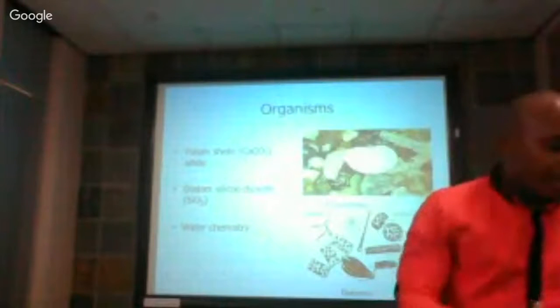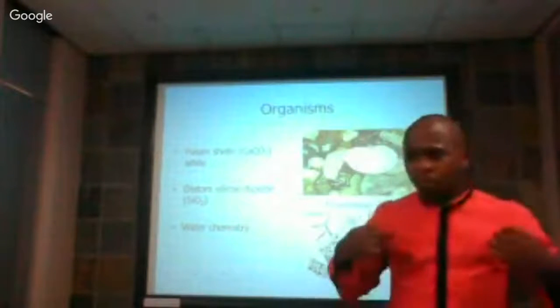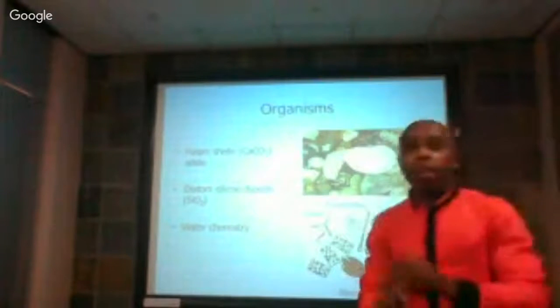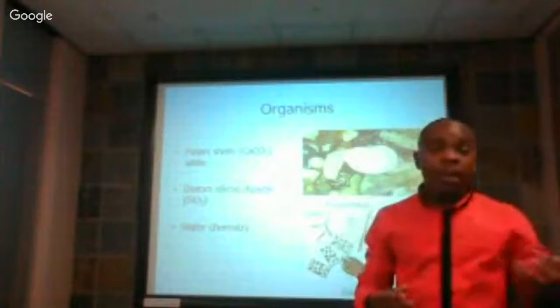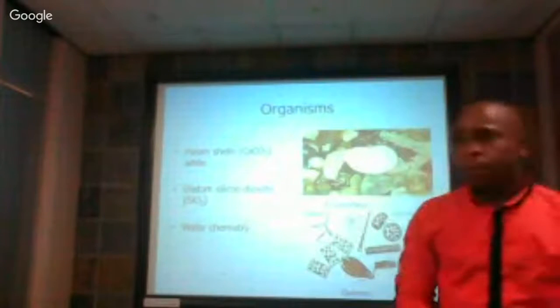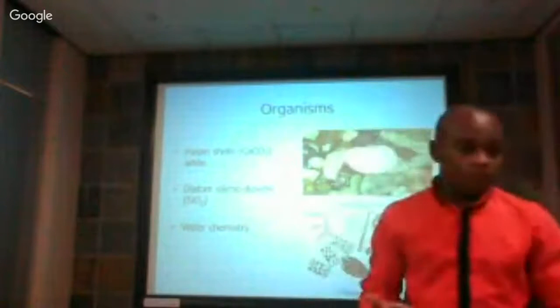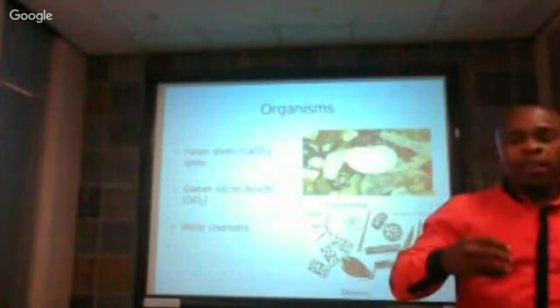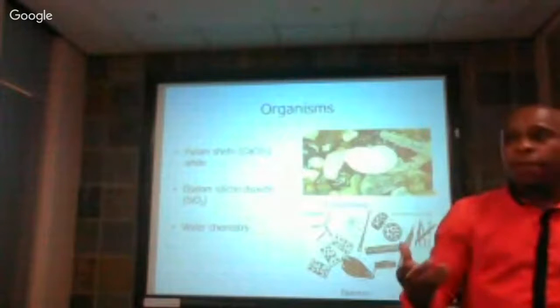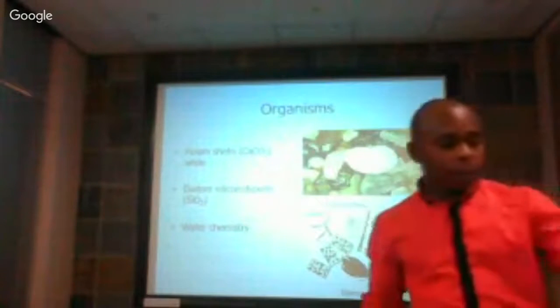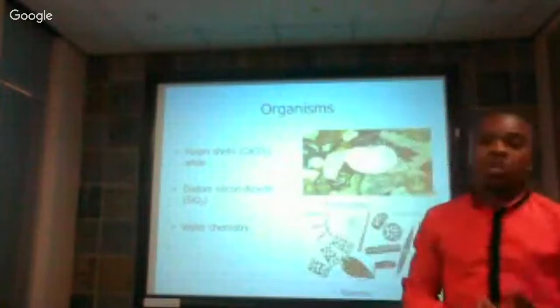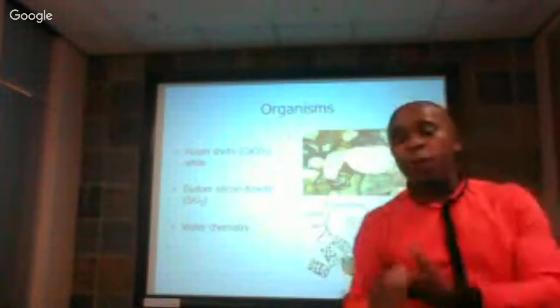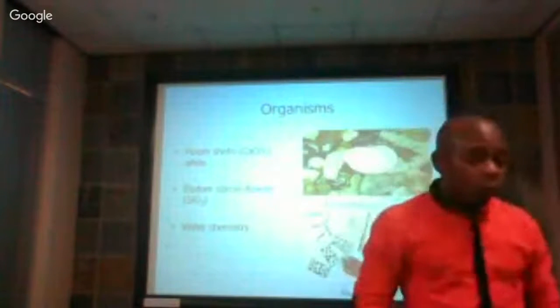When they die, they leave their shells behind, and they're found in lakes and also at the bottom of the sea. Then, from these shells, one can determine the soil chemistry and the time in which these shells were formed.